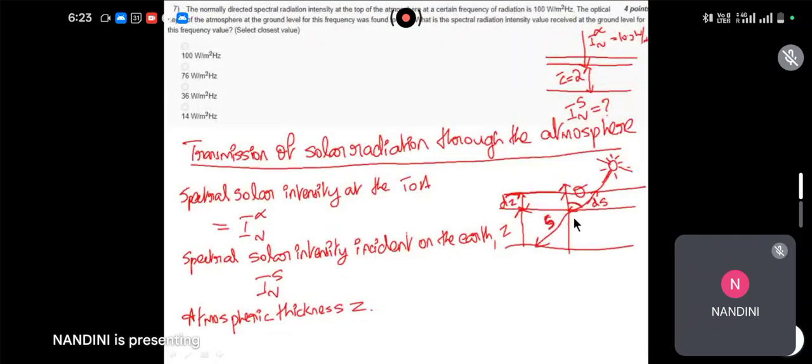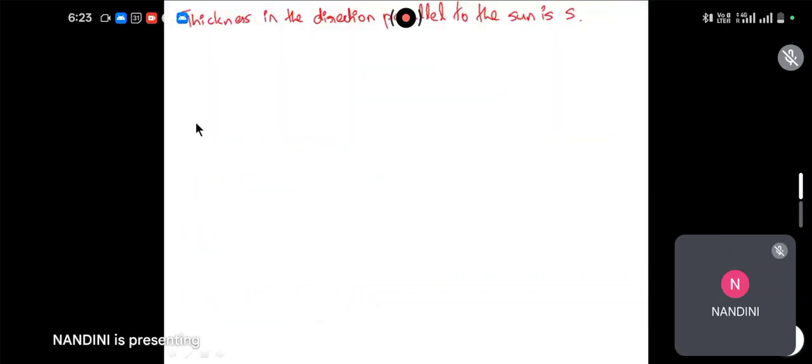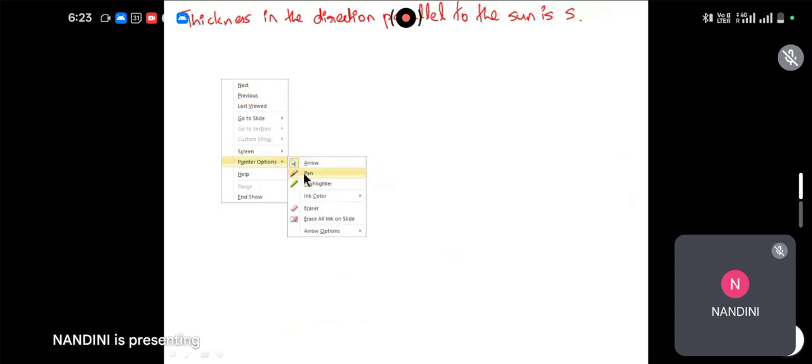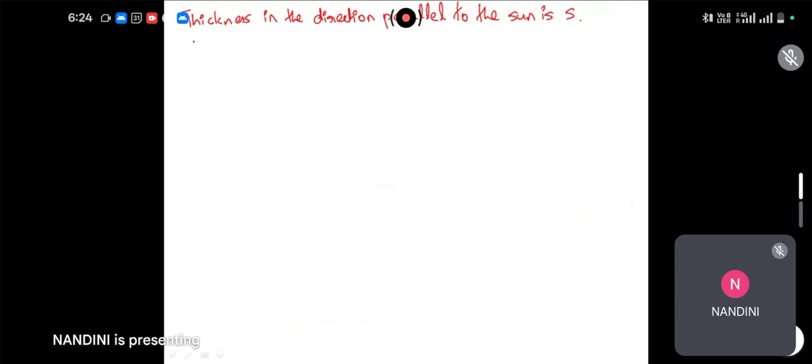Like this distance is s and the perpendicular distance is z. S and Z are oppositely directed.